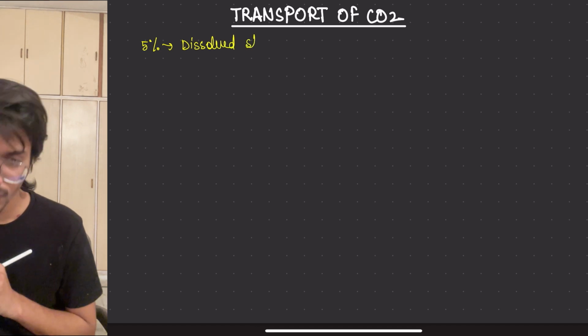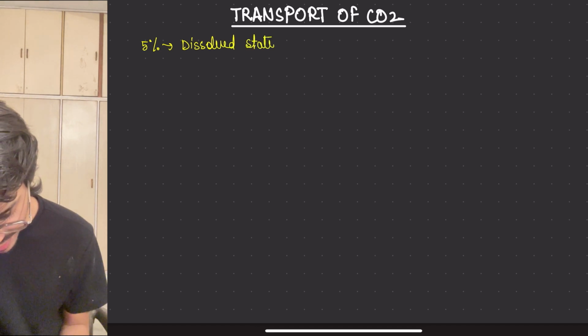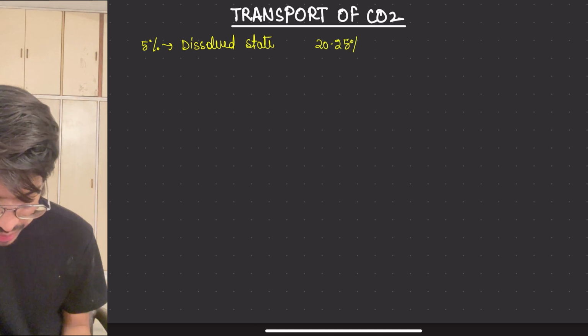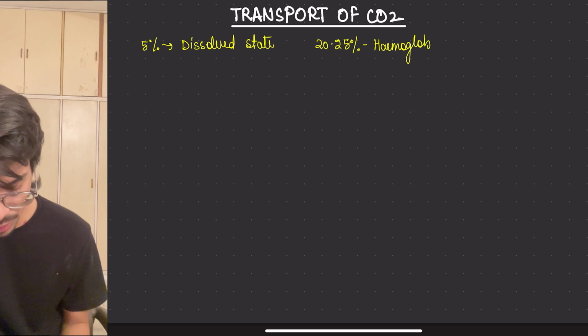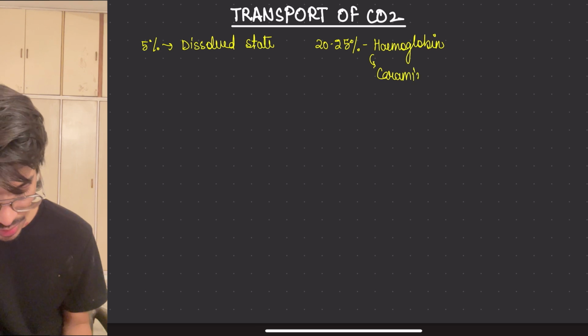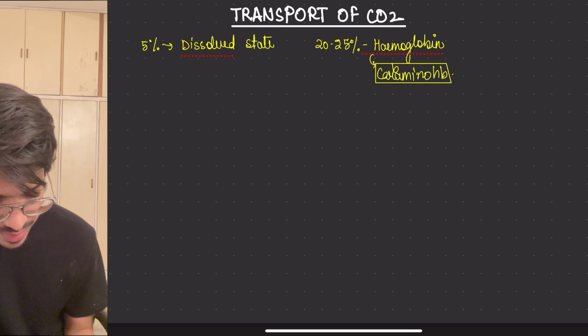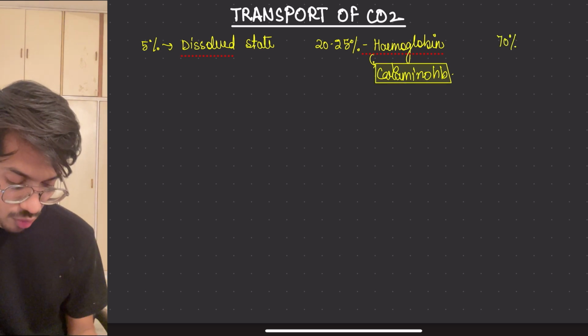Number 1, around 5% is in the dissolved state. 20 to 25% is with the hemoglobin. When it makes a bond with hemoglobin, we call it carbaminohemoglobin. You will remember it. Then the last, the rest 70%, is in the form of bicarbonate.